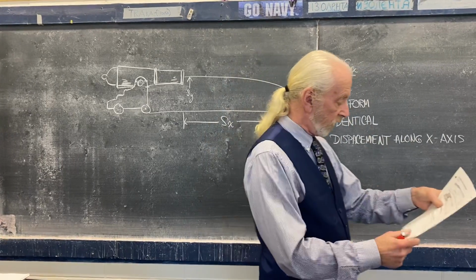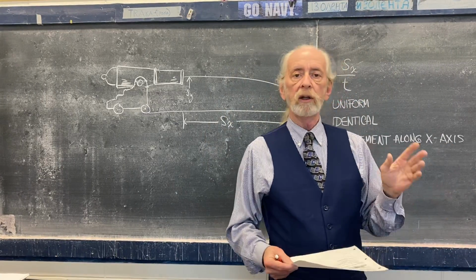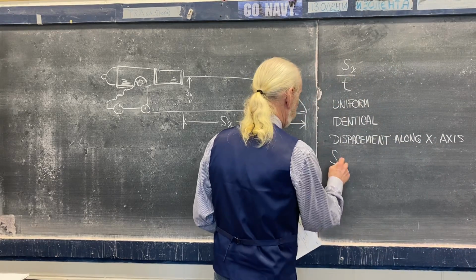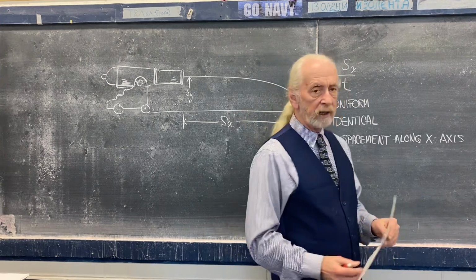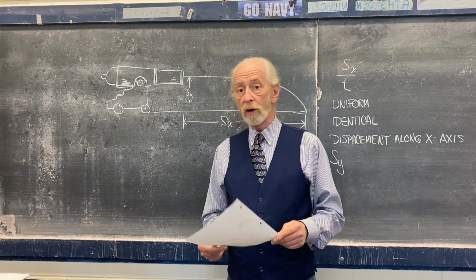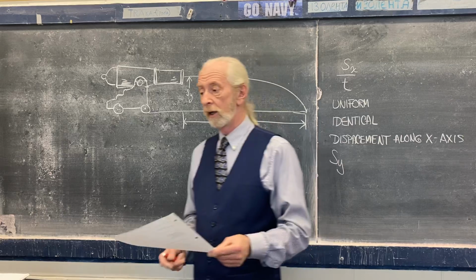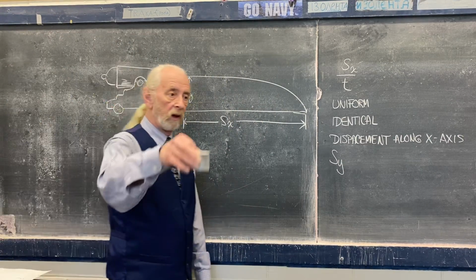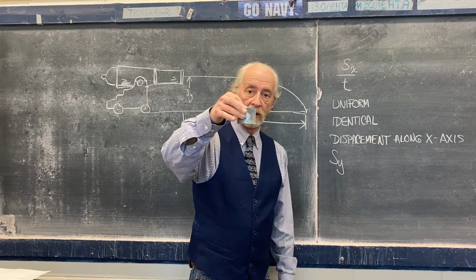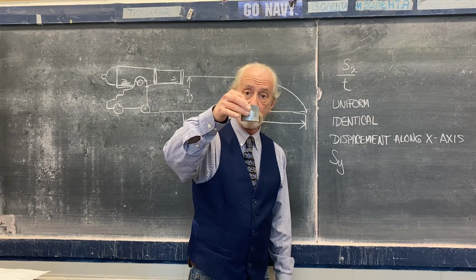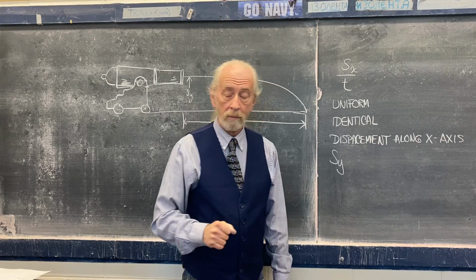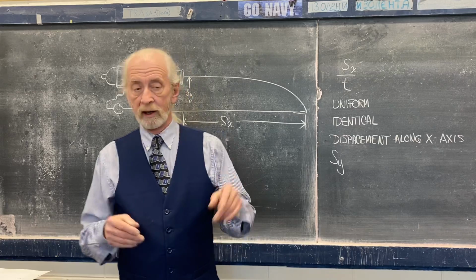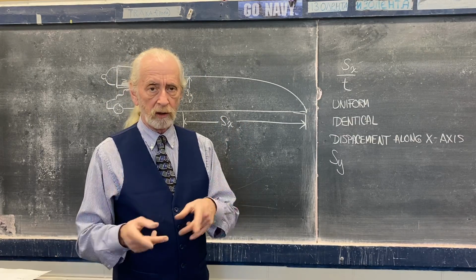And time is going to be calculated using Sy. Why? Because it turns out Mother Earth is actually a pretty good clock. If we know how high something is, we know how long it's going to take to hit a certain distance. So we're going to use Mother Earth as the clock. We're going to pause here and go to the next page.